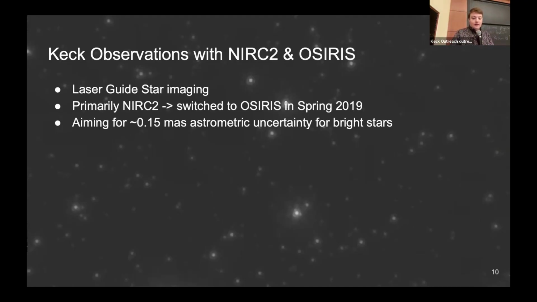Jessica Lu and collaborators demonstrated in their 2016 paper that you can achieve about 0.15 milliarcsecond astrometric precision for bright stars using this Keck observing scheme, which is about what we need in order to be able to detect the astrometric shifts of black holes.